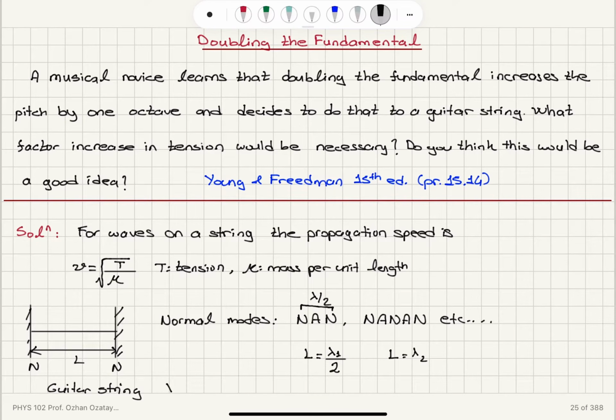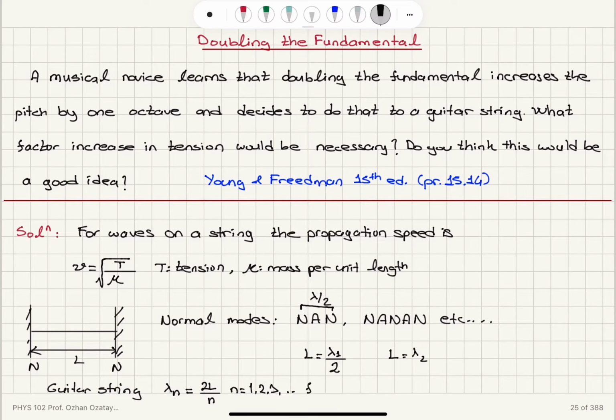And we can see that the wavelength lambda n for the nth harmonic would be given by 2L divided by n. So for n equal to 1, lambda 1 is equal to 2L, lambda 2 is equal to L, etc. Here n is 1, 2, 3.